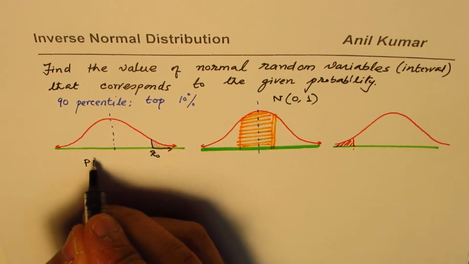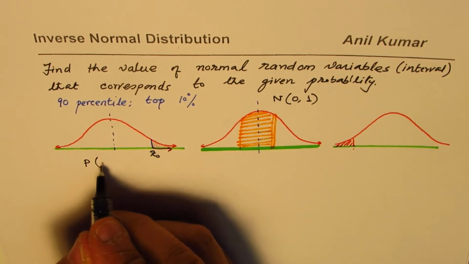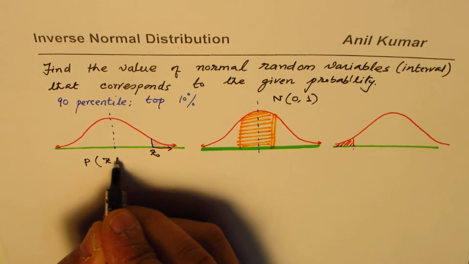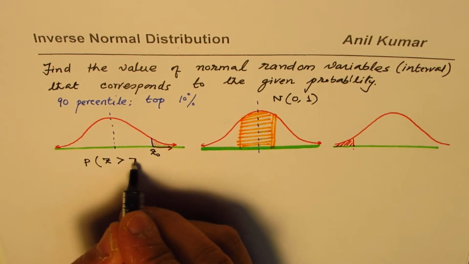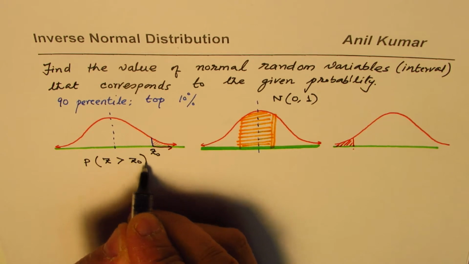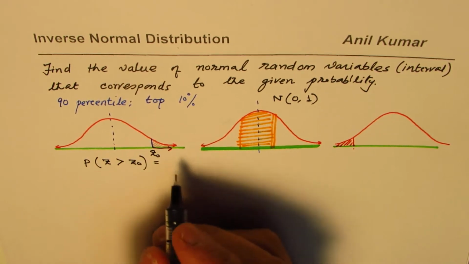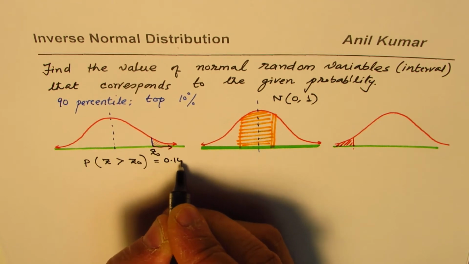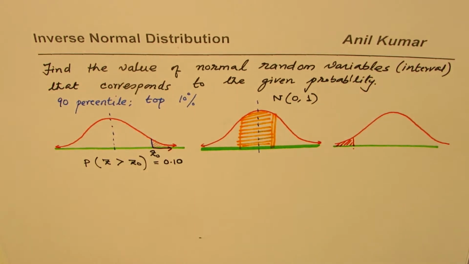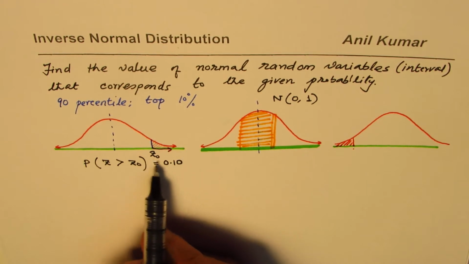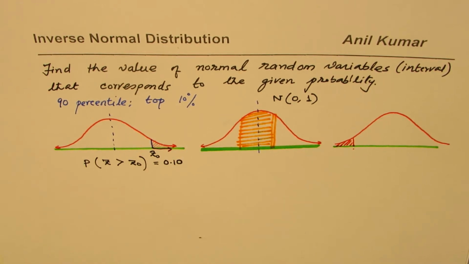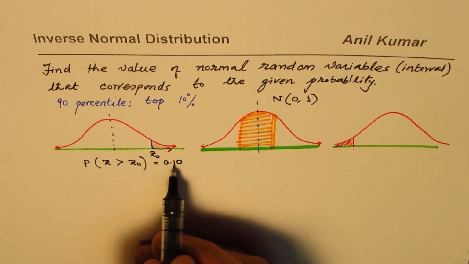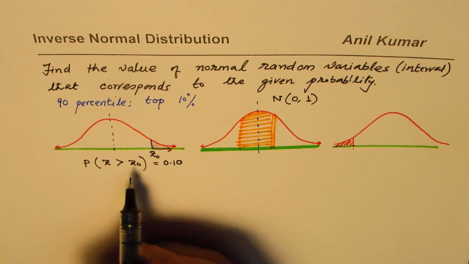This could be represented as the probability when the Z-score is greater than that number, and that is equal to the top 10%, let's say 0.10. So this small portion. What is the value of Z0? This is one probability where we are given the probability and we need to find the value of a random variable.